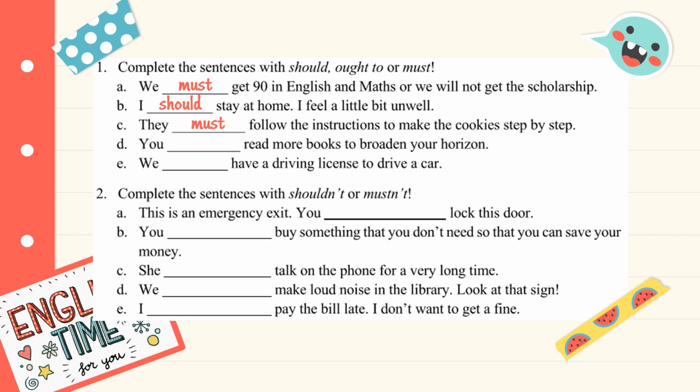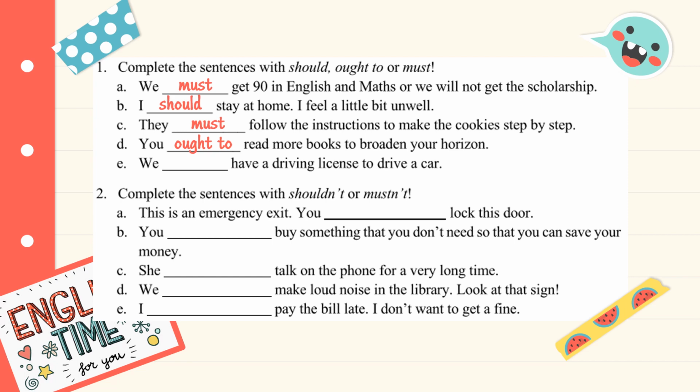D. You blank read more books to broaden your horizon. Okay, do you have to read more books to broaden your horizon? No, you don't have to. But it is a good idea to read books in order to broaden your horizon. So the answer can be should or ought to.